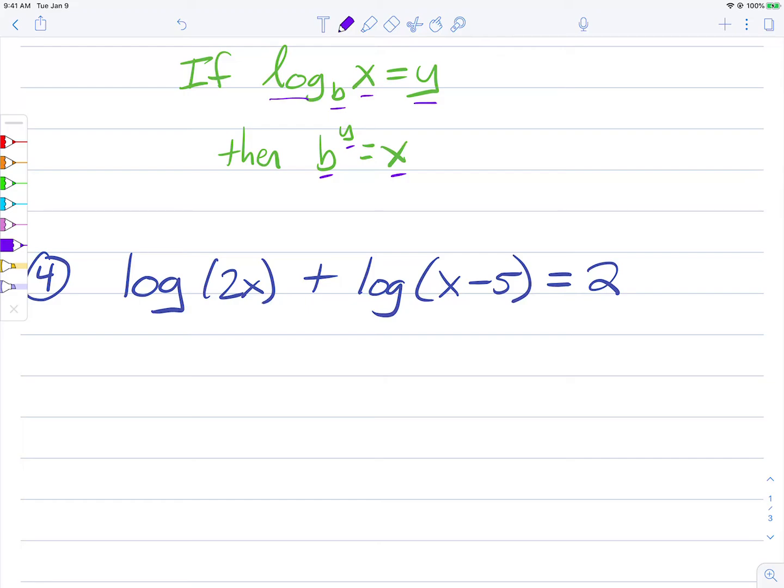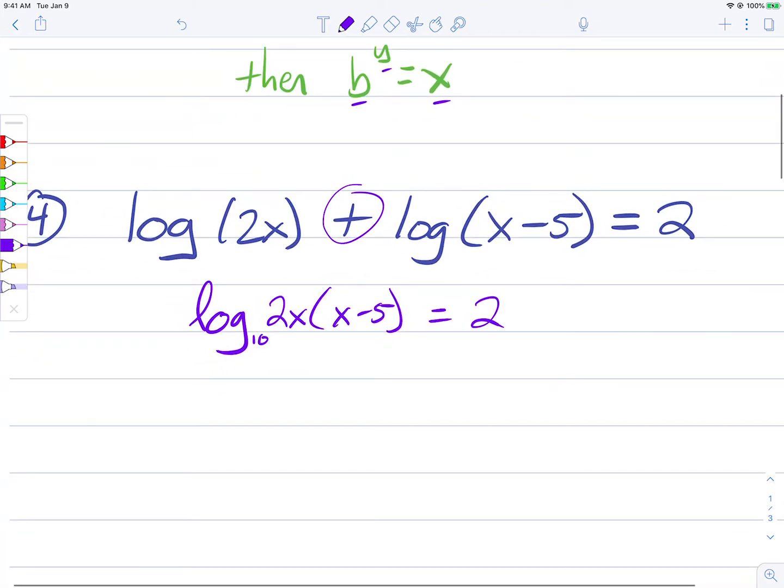So on this one, on the left-hand side, we have two logs and they are being added, which means it is a multiplication problem. And you'll notice it's just the common log because there's no base mentioned. So I'm going to go 2x times x minus 5, and that equals 2. Now, if you want to, you can put in that 10 so that you remember what our base is, because we are about to change this into an exponential equation.